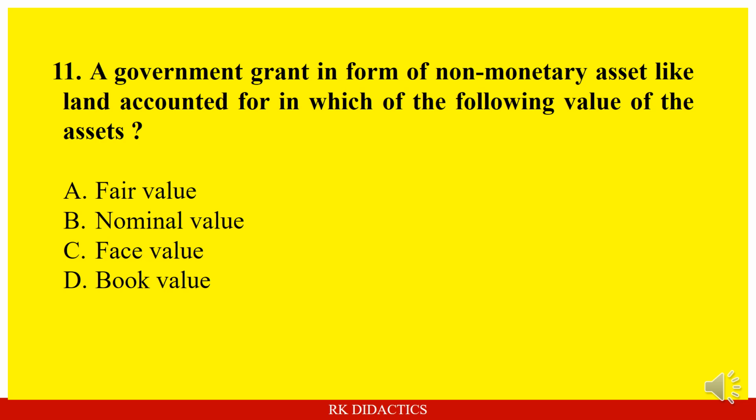So जब कोई गवर्नमेंट ग्रांट मिलेगा नॉन मॉनेटरी एसेट्स के रूप में, जैसे कि लैंड होता है, उसका वैल्यू कैसे अकाउंटेड फॉर किया जाएगा? एट फेयर वैल्यू, एट नॉमिनल वैल्यू, एट फेस वैल्यू और एट बुक वैल्यू. आंसर इज एट फेयर वैल्यू. सो जब कोई नॉन मॉनेटरी एसेट्स जैसे कि लैंड वो एज ए गवर्नमेंट ग्रांट रिसीव किया जाएगा, तो उसको हम उसका फेयर वैल्यू में अकाउंटेड फॉर करेंगे.